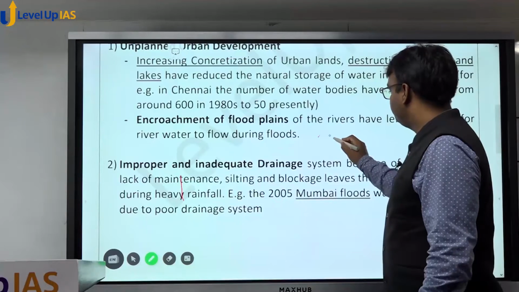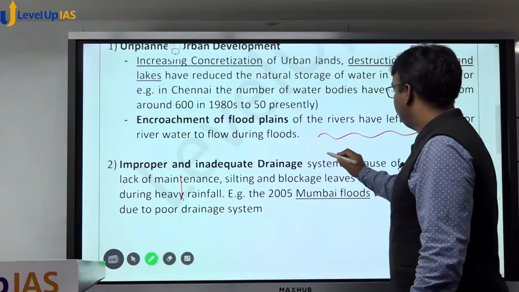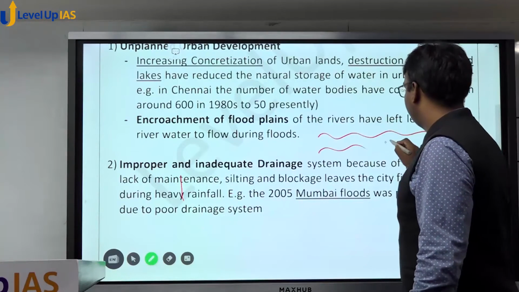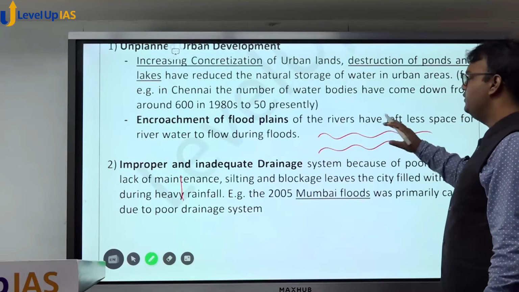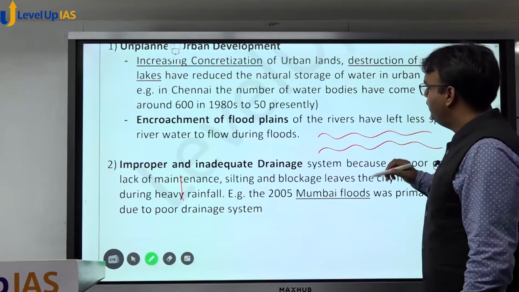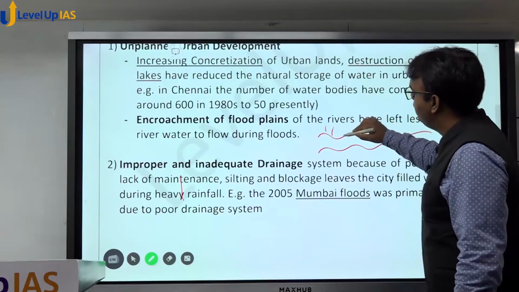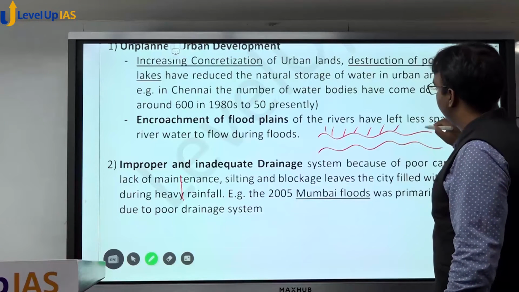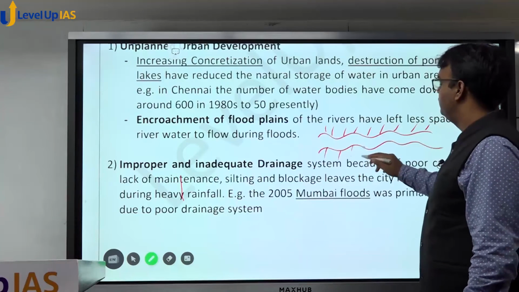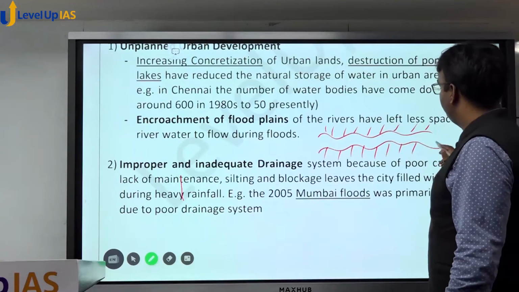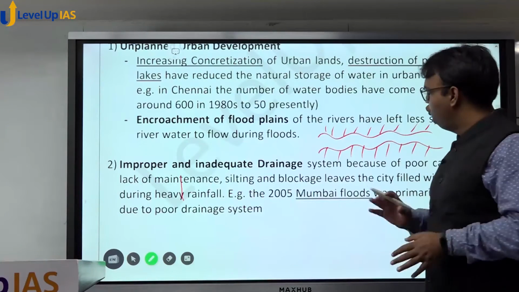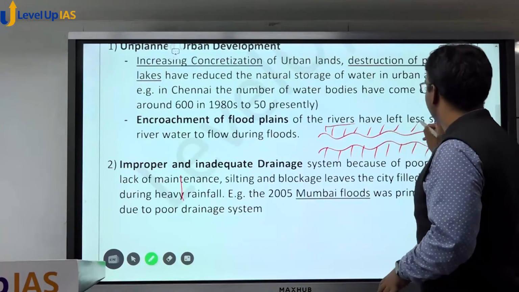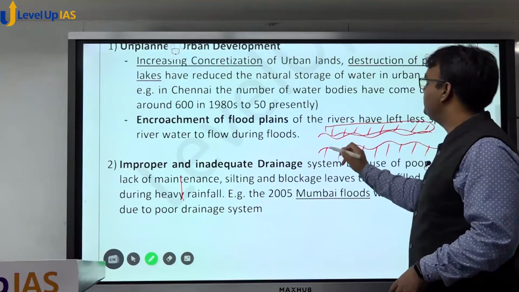This is the river. This is the general width of the river, but at the time of floods, it will even cover this region. So traditionally, human beings used to leave this region alone. They would not create habitation places here.